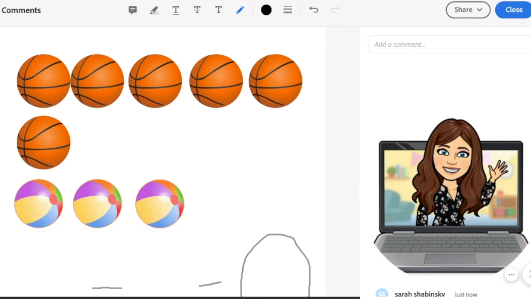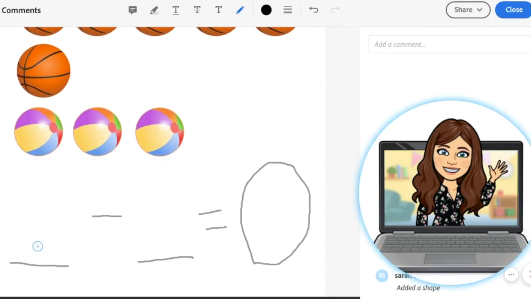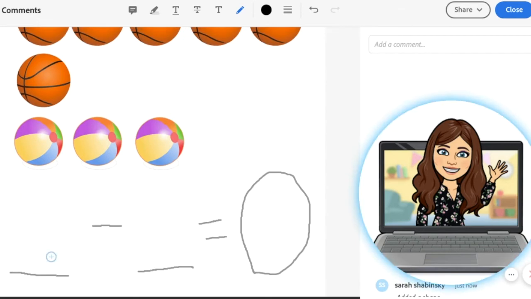Okay, friends, so I heard some very key details in that word problem that let us know that it's a subtraction problem. We know that it's a subtraction problem because it tells us the total amount of balls that Jenna has at first, which is how many Keeble Cubs? 9. Good job. So we heard that she has 9 balls in all.